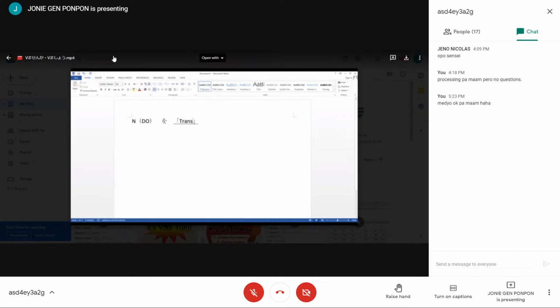Transitive verbs in Nihongo is tadoshi. Okay, tadoshi. Transitive verbs, or we'll put this as tadoshi. So that is the Nihongo for transitive verbs, tadoshi.